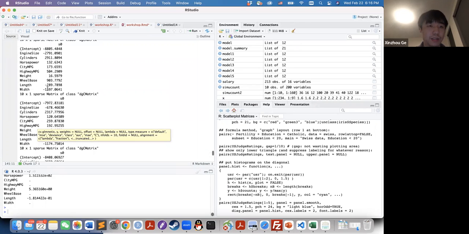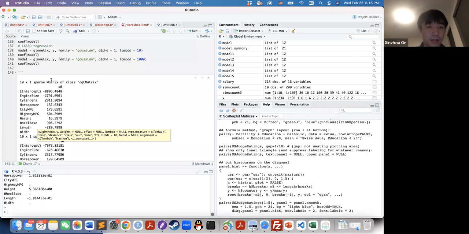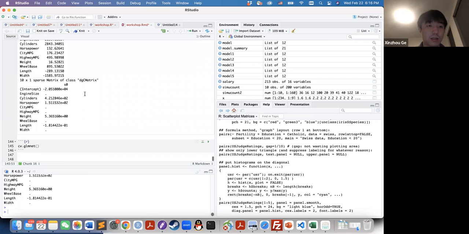And we can use a similar formula to do the cross-validation.